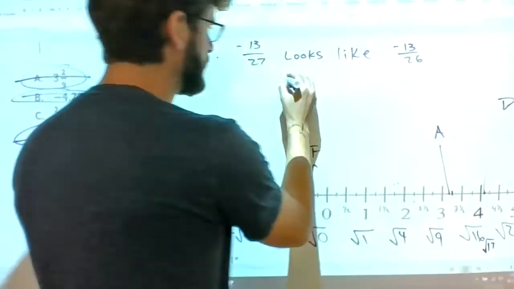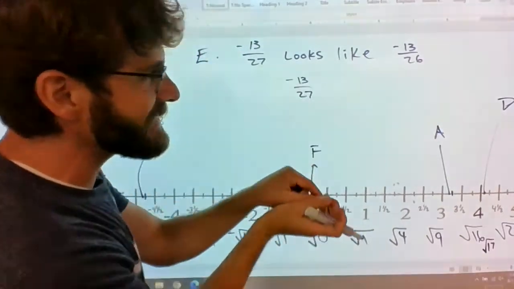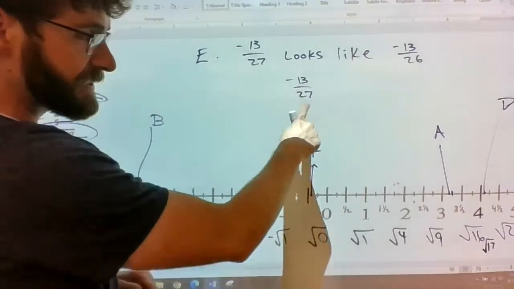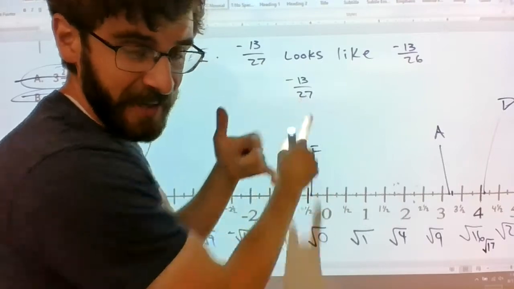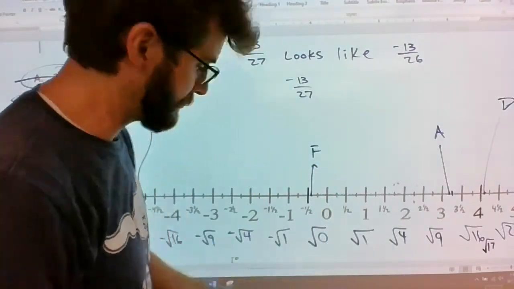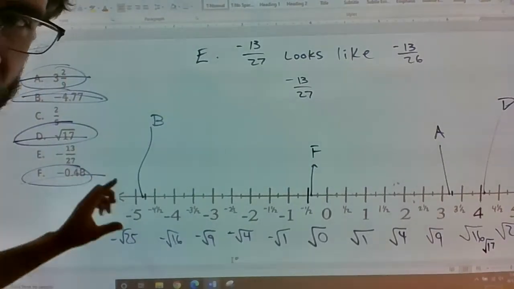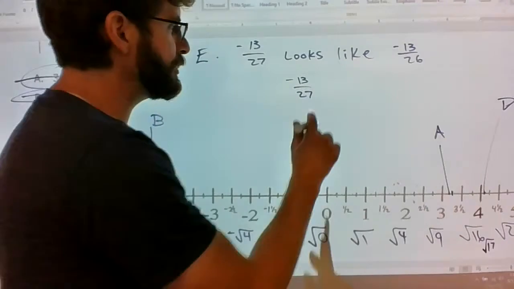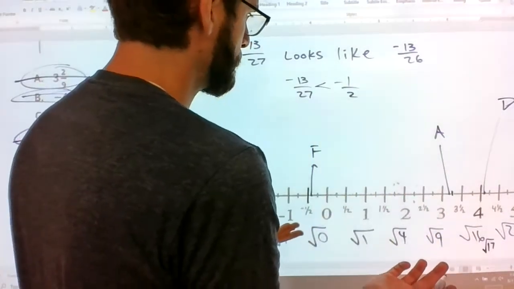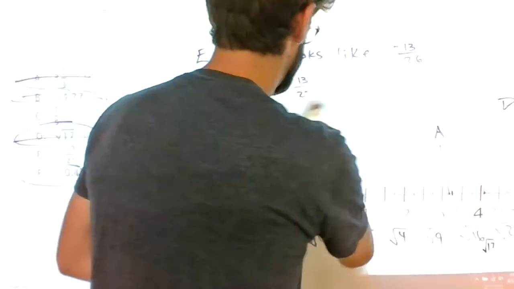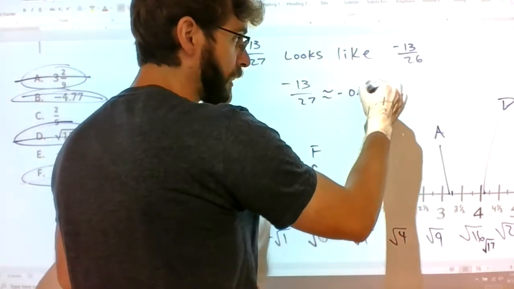So if we're talking negative 13 over 27, it's less than 1/2, because to be half of 27 means you got to be 13.5. This is like negative 0.4 something. But that's kind of tricky because we're really close to 0.48. So I know that it's less than negative 1/2. Okay? I'm sorry. Negative 13 over 27 is like negative 0.4 something.